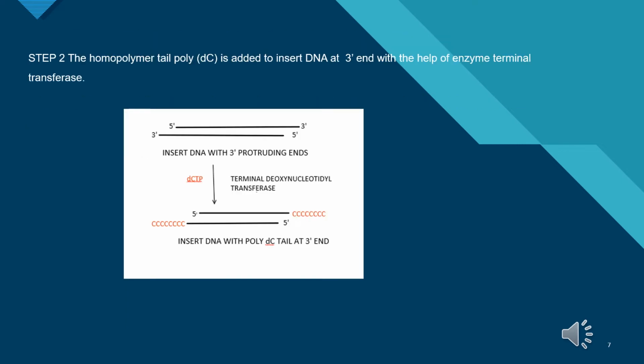In the second step, we add a poly-dC tail at the 3' ends of this insert DNA with the help of the enzyme terminal deoxynucleotidyl transferase. You see in the diagram, the poly-dC tail is added at the 3' end of this DNA molecule.